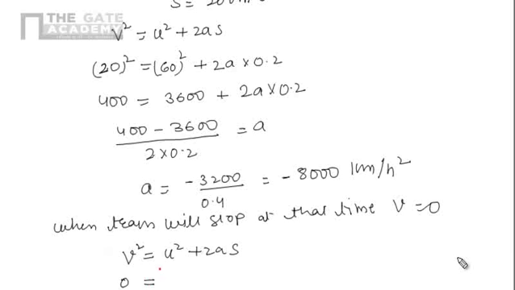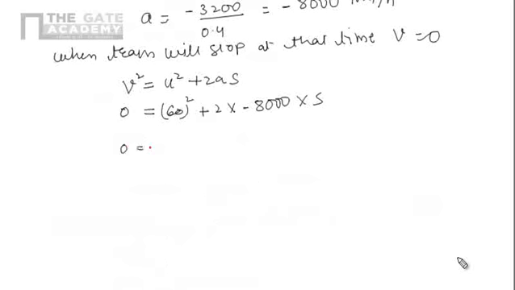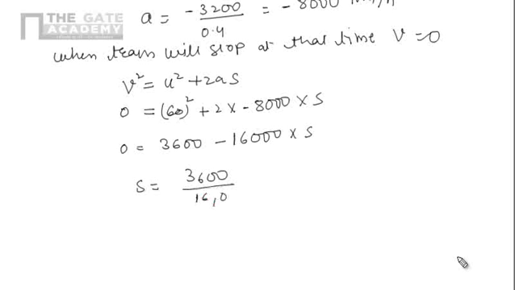So u we already know, that is 60, so 60 square plus 2, a we know, that is minus 8000 into S. So now we are having 0 equals 3600 minus 16,000 into S. So S will be 3600 divided by 16,000.